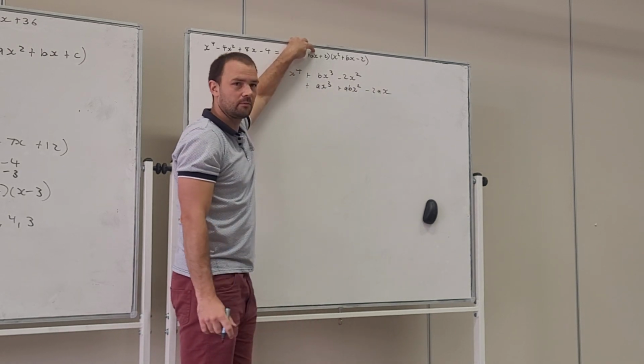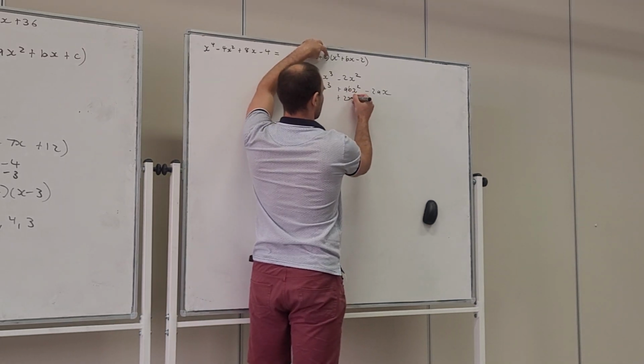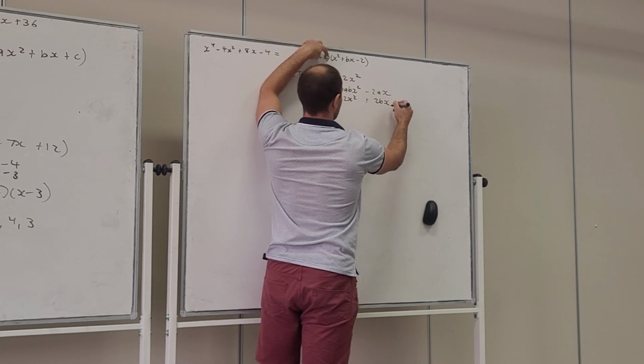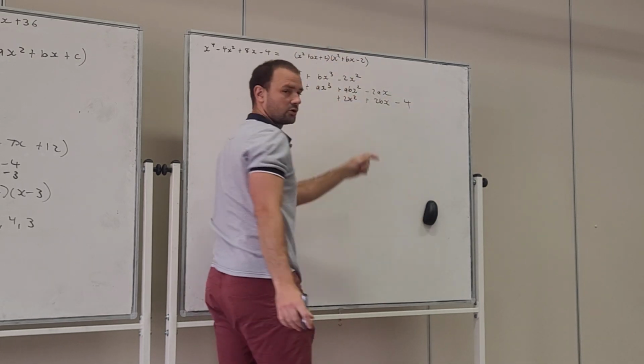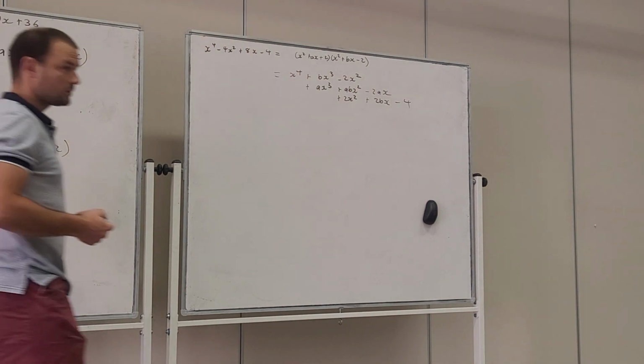And then lastly, we will multiply the plus 2 term through: plus 2x squared, plus 2bx, and then take 4. Let's collect those.